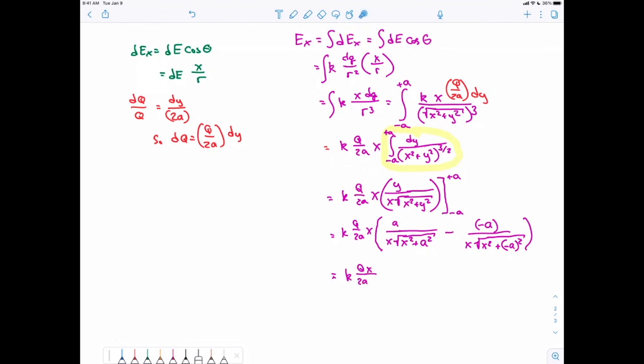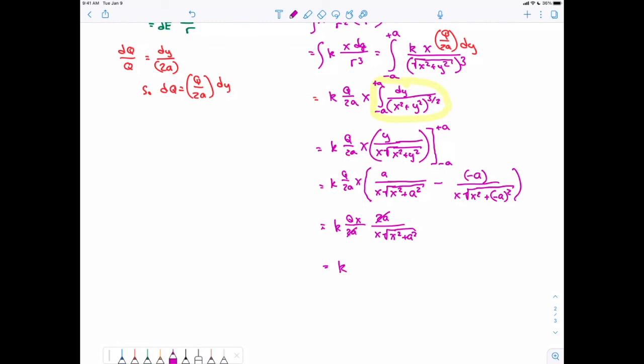Because if I look at these two terms, they're identical, right? This minus a squared, the minus sign just goes away. So the denominator here and the denominator there are the same. And then I've got a minus negative, which is positive. So I end up with a plus a, or 2a, in the numerator, which will cancel out the 2a that I had in the denominator right there. And I still got the x times square root of x squared plus a squared.